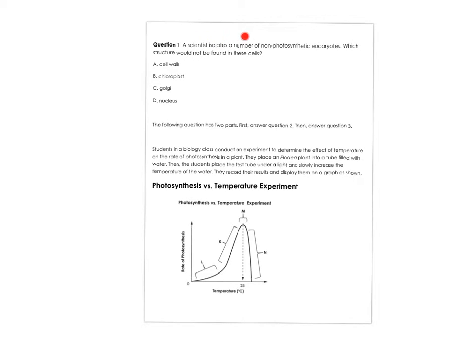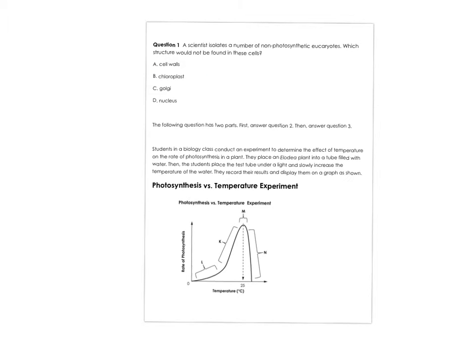It says this scientist isolates a number of non-photosynthetic eukaryotes. In the previous question, it was non-photosynthetic prokaryotes. Which structure would not be found in these cells? And in non-photosynthetic eukaryotes, you would not expect to see chloroplasts.